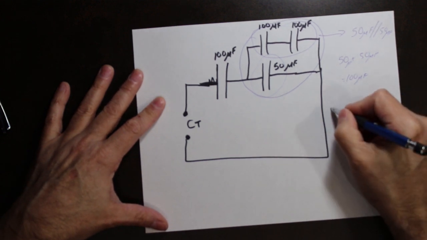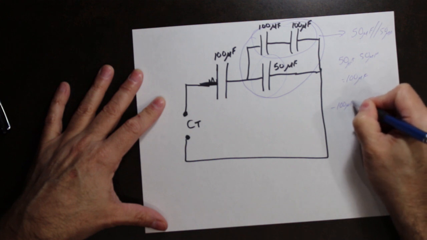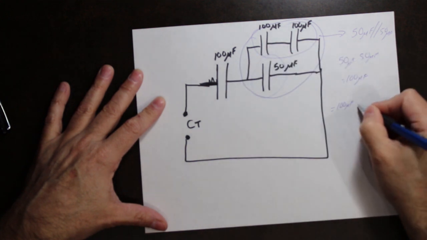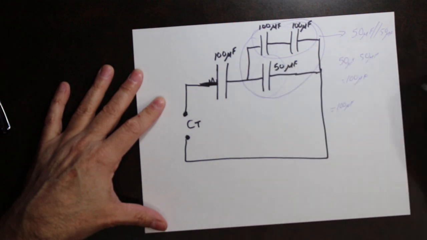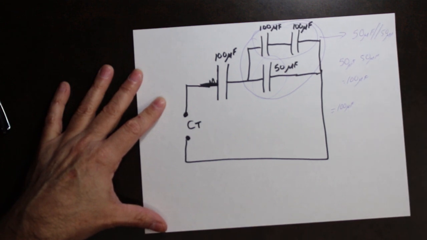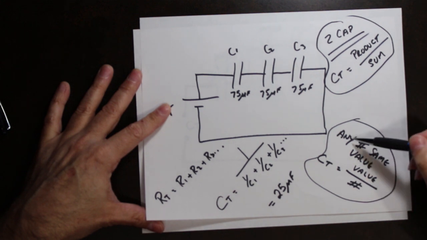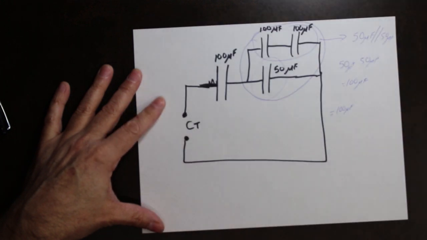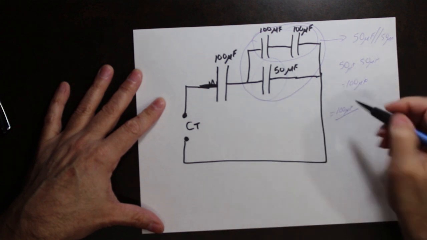Then I have 100 microfarads in series with 100 microfarads. So now I've got to do my series calculations. Again, same value, two of them, two 100s.